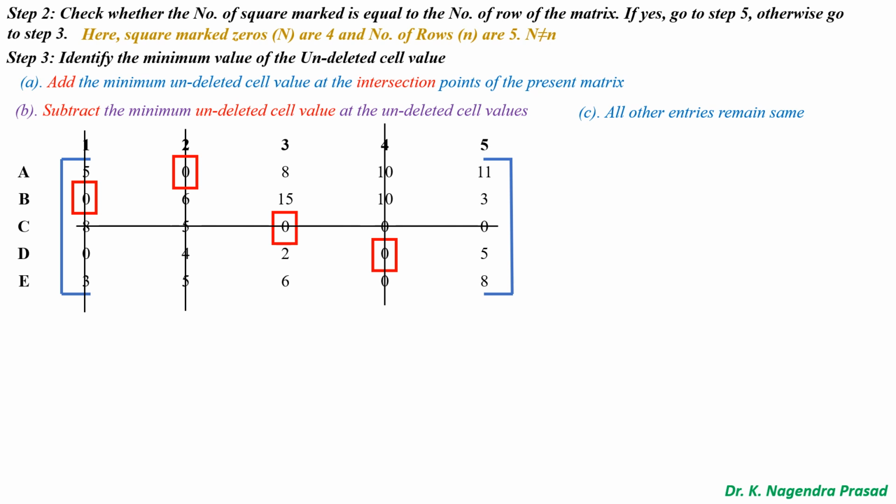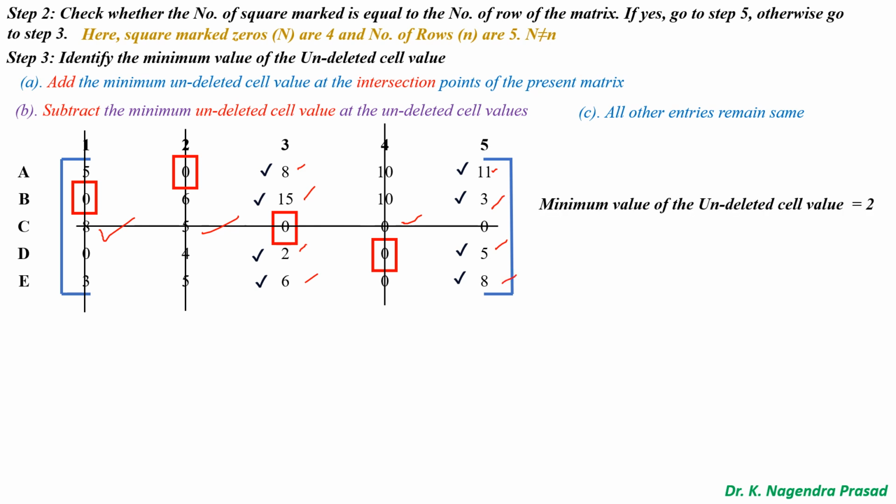Here, the intersection points are 8, 5 and 0. And the undeleted cell values are 8, 15, 2, 6, 11, 3, 5, 8.